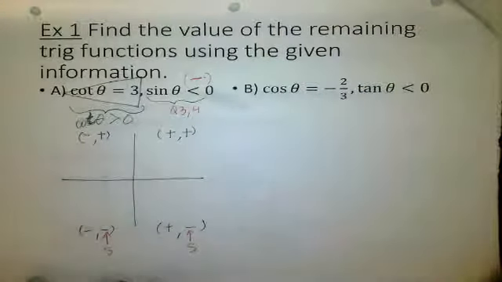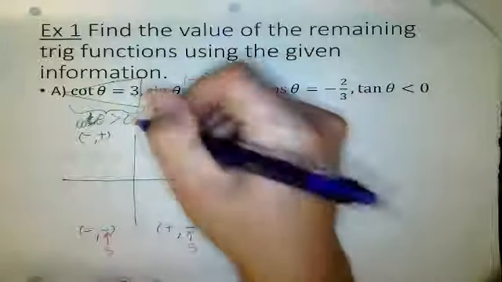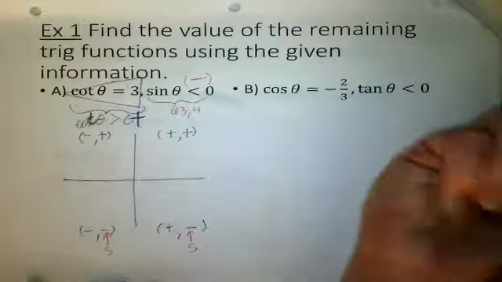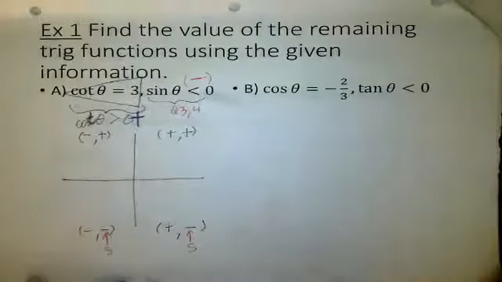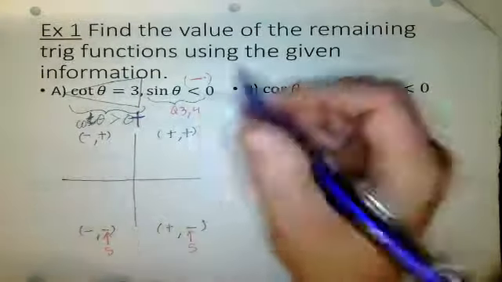Now what about cotangent? This is saying cotangent of my angle is greater than 0, or positive. Where is cotangent positive? 3 and 1. Very good. How do you find cotangent?